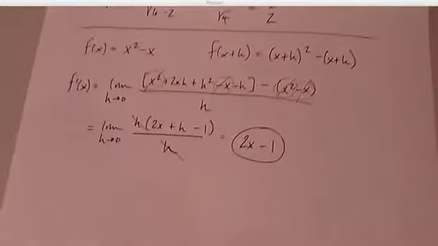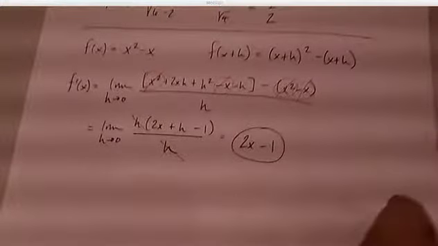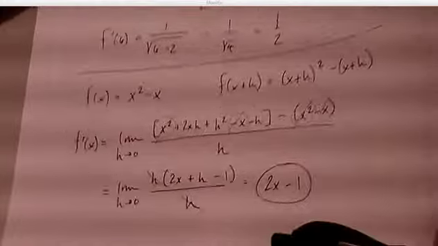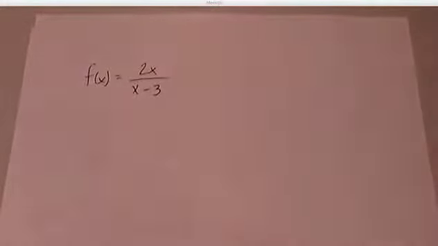Okay, let's go ahead and do a rational function, more specifically a reciprocal function, since those are relatively straightforward. Now if we were given something that was a little bit amiss, let's say we were given f of x is equal to 2x over x minus 3 or something like that.